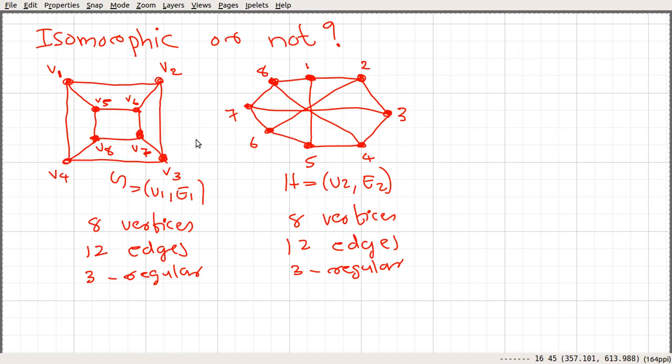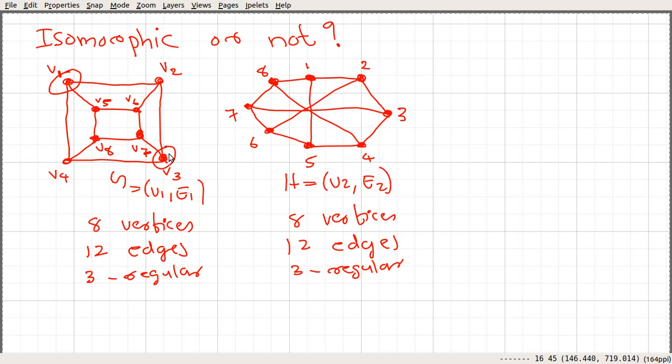In this case, let me give the reason why these two graphs are not isomorphic. Let's consider this vertex, this vertex, and this vertex. These vertices are not mutually adjacent.